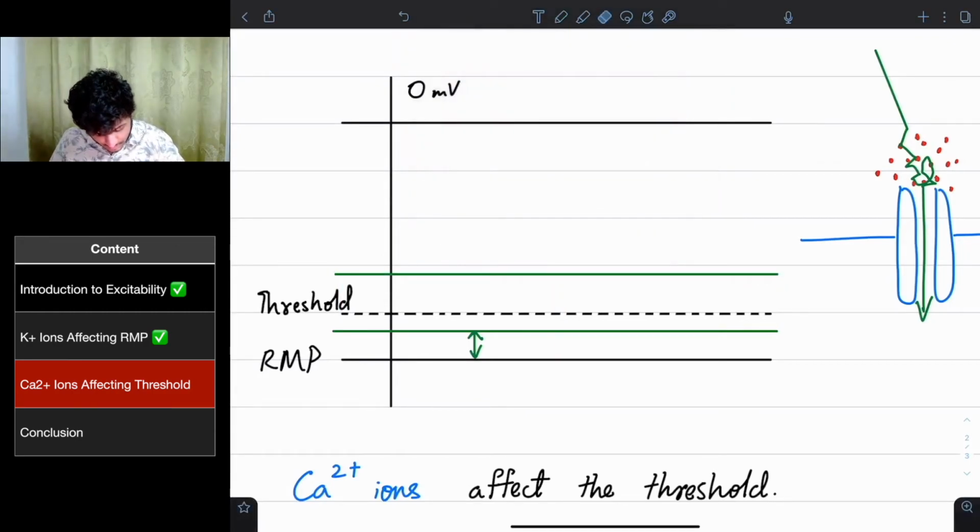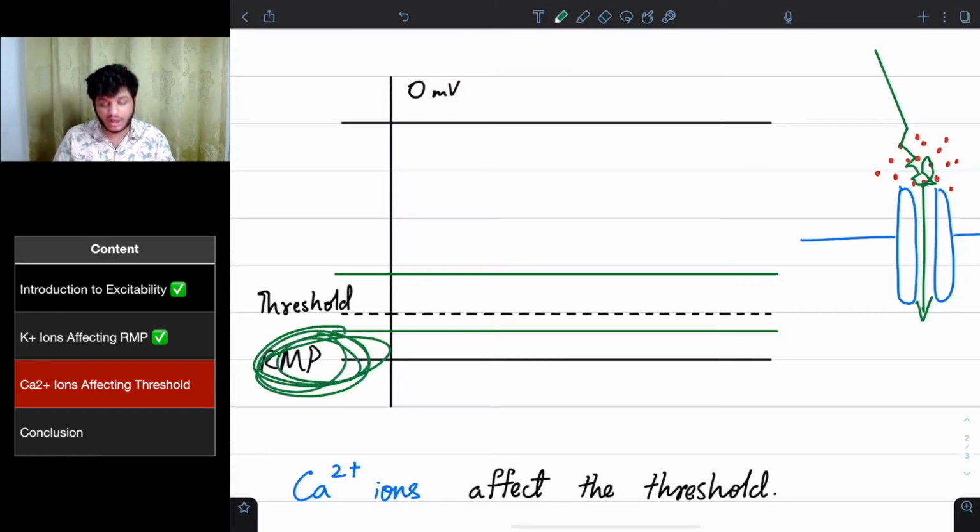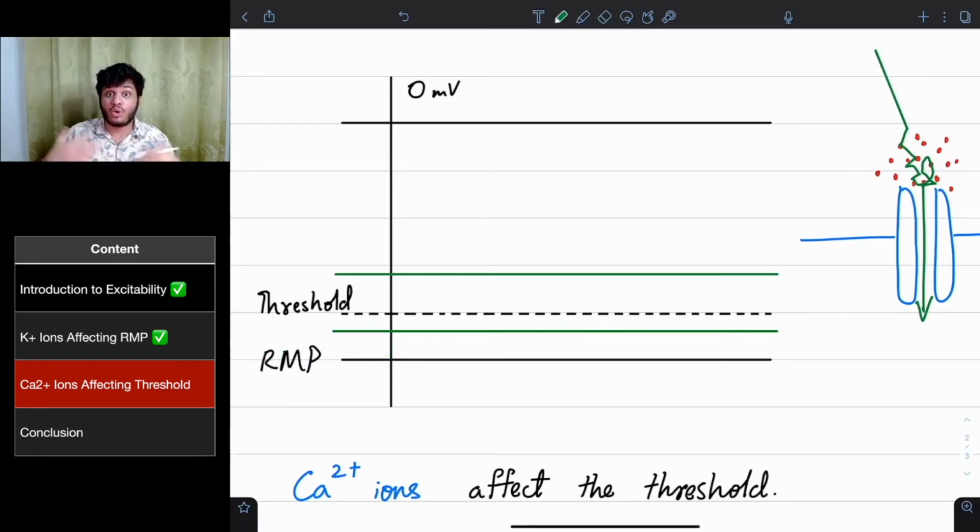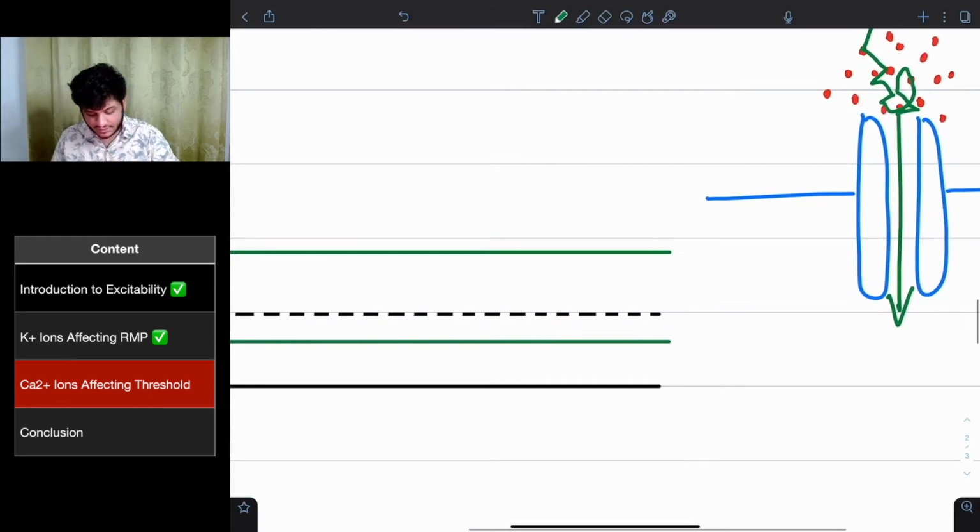For this case where the threshold would decrease, meaning it's closer to the resting membrane potential, right? Meaning it's more excitable, right? That is when calcium ion concentration in the blood decreases.